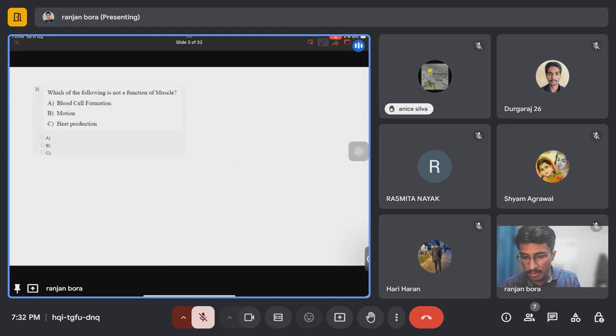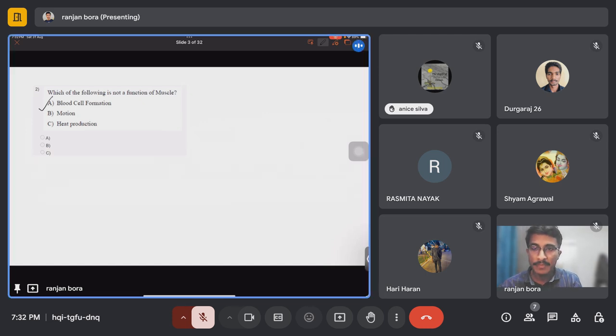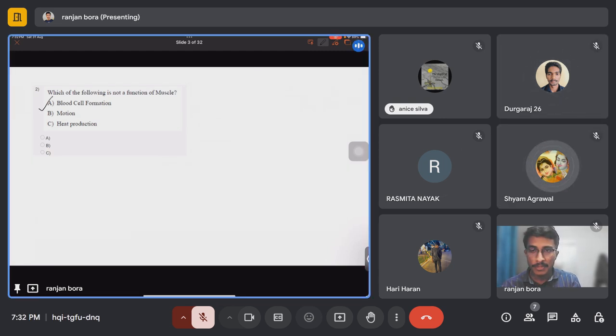Next question, which of the following is not a function of muscle? Blood cell formation. Yes. And blood cell formation is a function of which part of our musculoskeletal system? Bone. It is a function of bone.